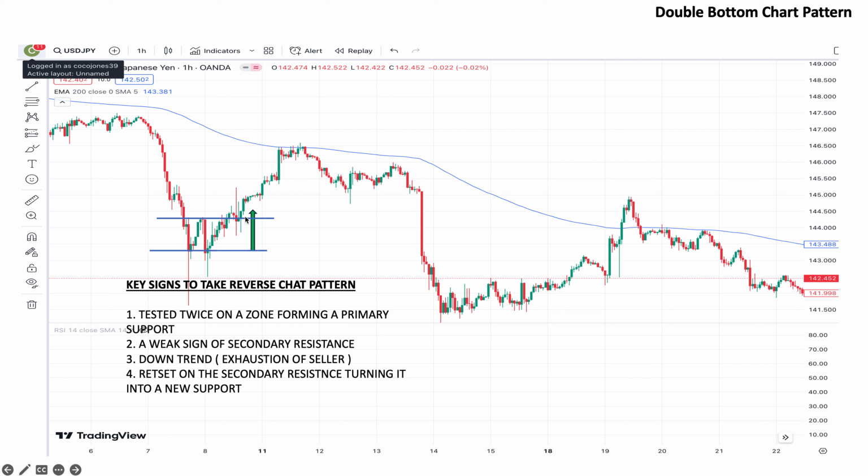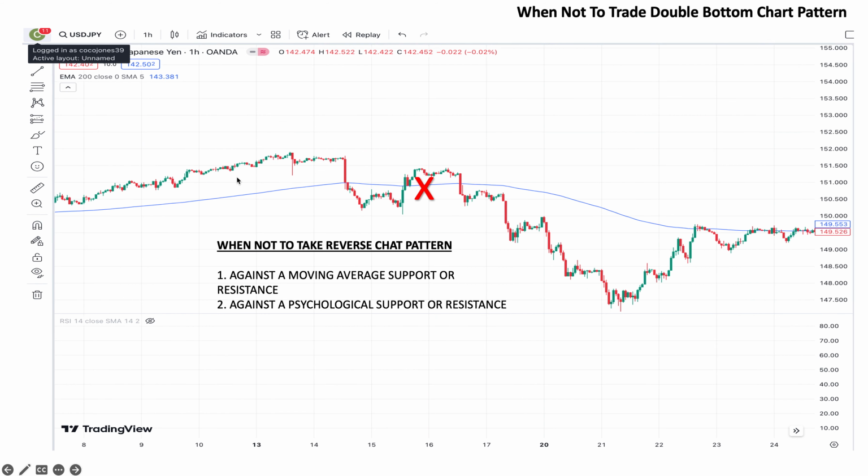Your stop loss should be fairly below the new support zone, and then you can ride the profits. It's usually advisable to take the length of the neckline to the support as your take profit.